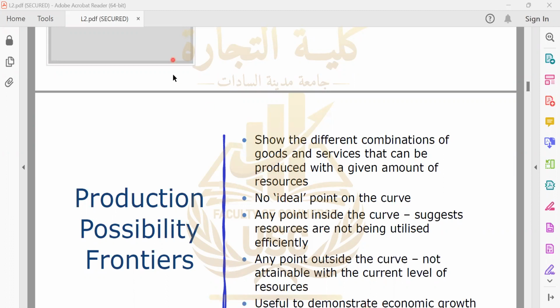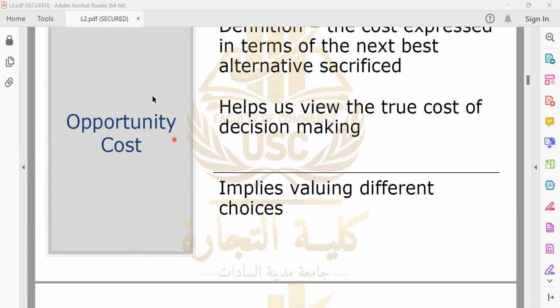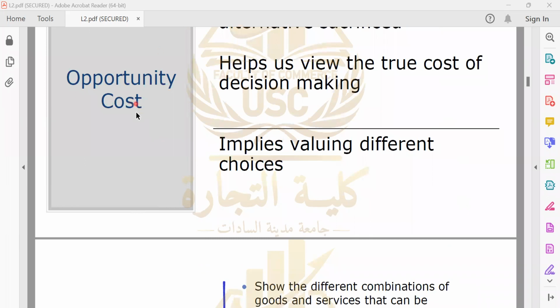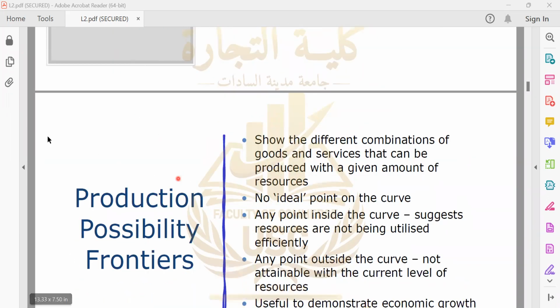Last year we studied that it shows us the different combinations of goods and services that we can produce. And its slope is the opportunity cost. So opportunity cost is the slope of the PPF.